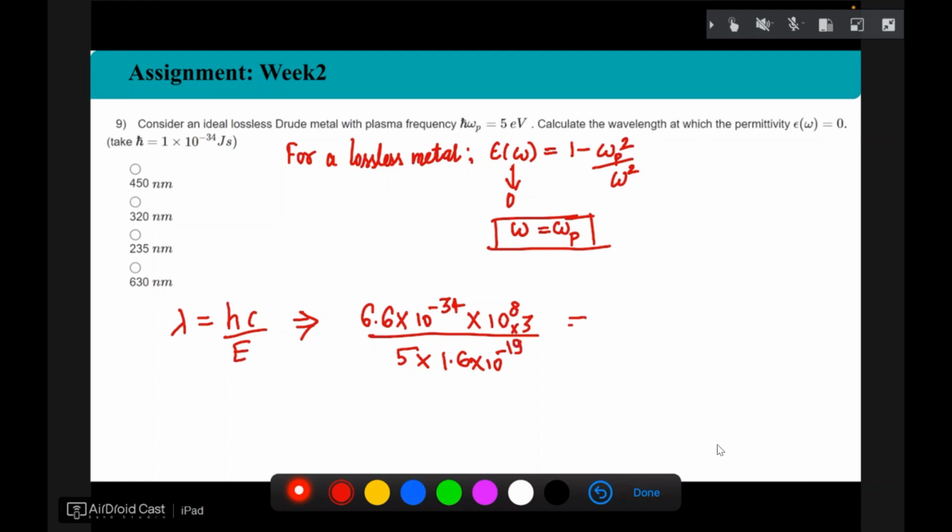So we want to find out the wavelength, so it will give us 247.5 nanometers, which is close to 235 nanometer. So C is the correct answer.